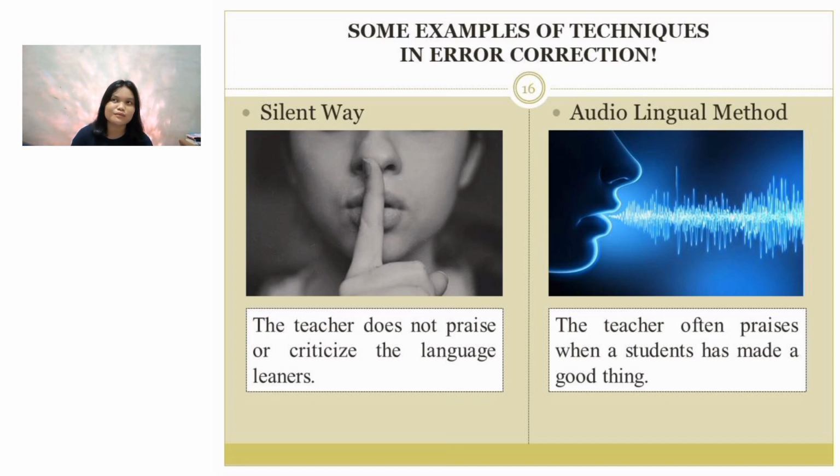So in this part, when the student does something correct, the teacher can praise them, and that can make the student feel happy because they have a confirmation, something like that.